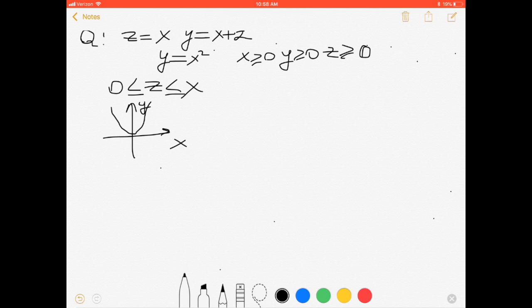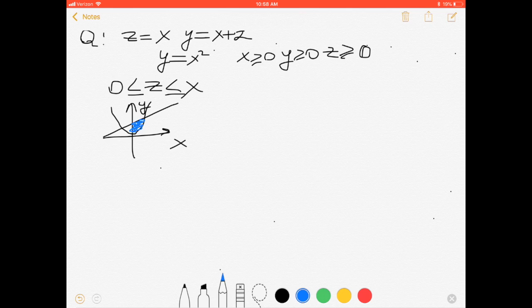We have the line y equals x plus 2, something like this. We need to find the intersection point, and it looks like our region here will be this part, because remember we have x and y positive.